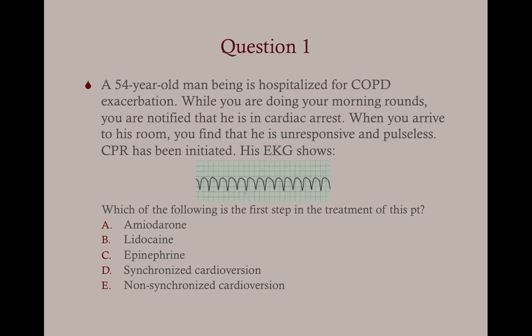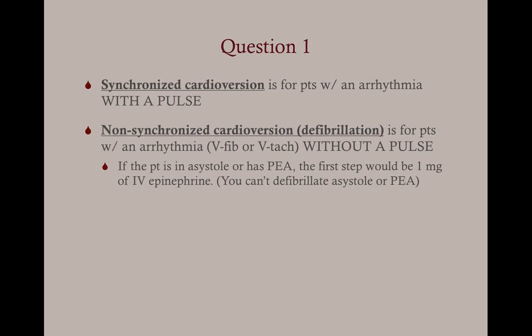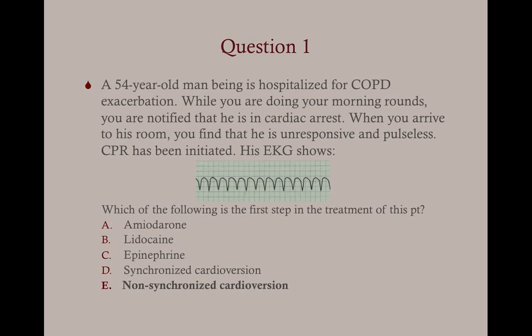And the answer is E, non-synchronized cardioversion. So this is a patient that is in code blue. And what you should have been thinking is between D and E, or maybe even C, D, and E. So anytime that a patient is pulseless, you know that you're going to be code blue.